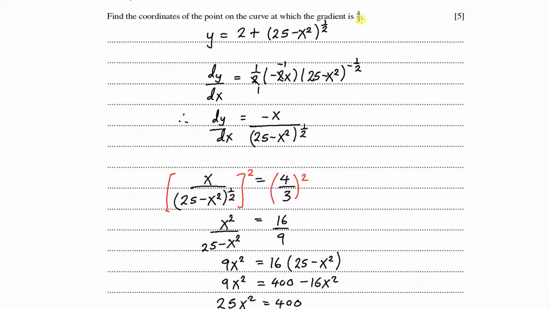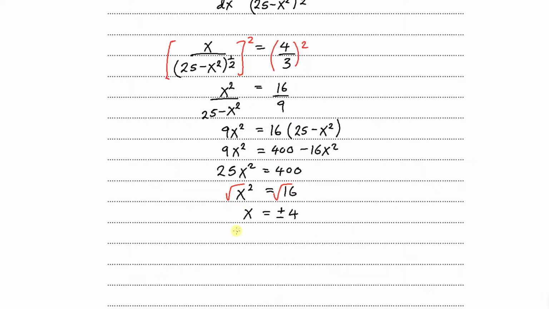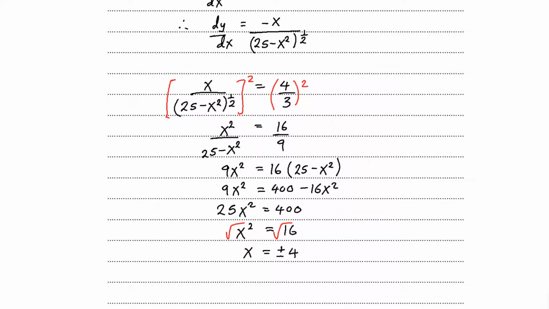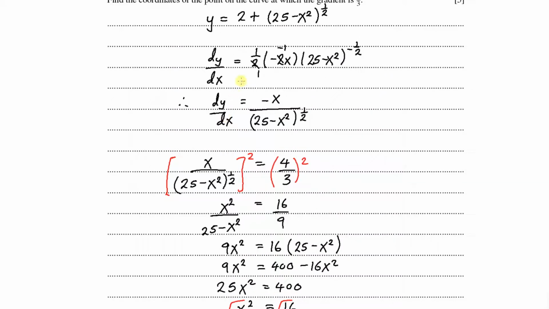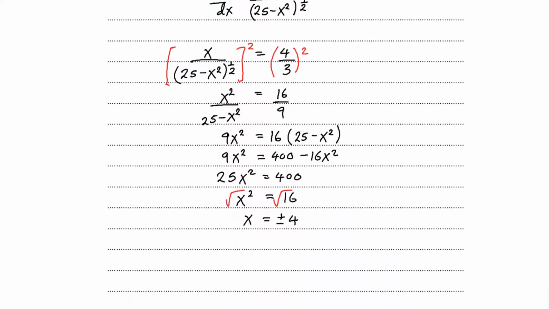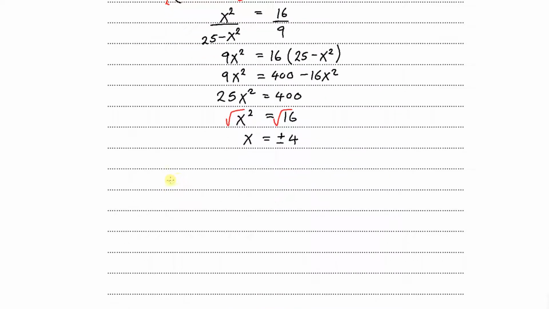And I think you can see that 4/3 is a positive value, which means the x value which will give us a positive value for the gradient is in this case going to be minus 4. You see how if we substitute minus 4 into the gradient function, the gradient will come out positive. So that means here that I'm going to make use of x being equal to minus 4 instead of plus.